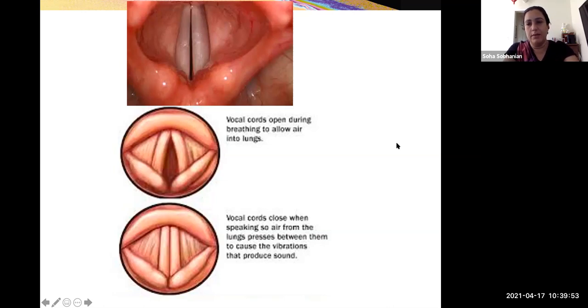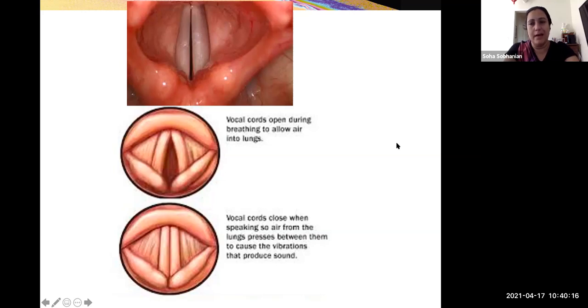When creating a sound, the vocal cords are close to each other and the gap, or the glottis, is very small or closed.